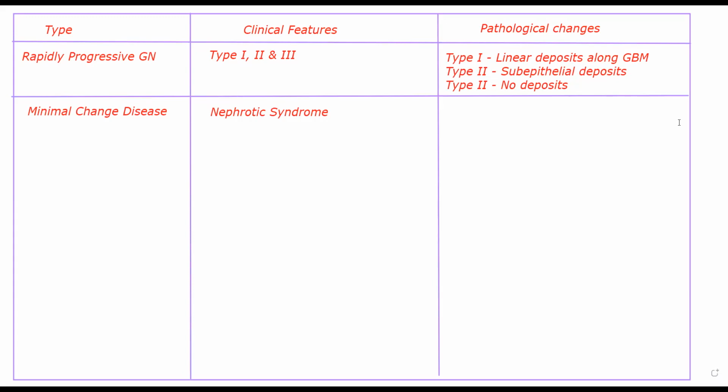Because of heavy proteinuria, that protein level will start going down. As a result, even though hydrostatic pressure is not increasing, osmotic pressure is decreasing. That balance is being tipped in favor of hydrostatic pressure.